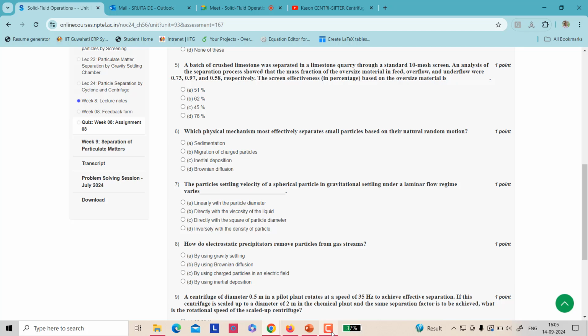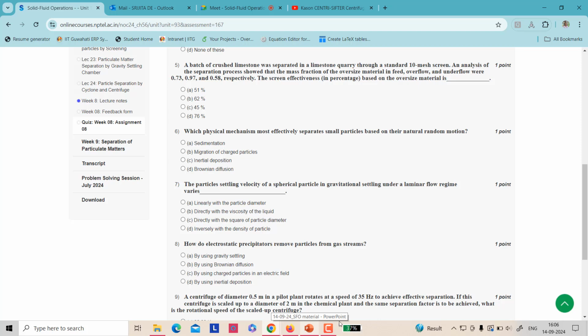Linearly with the particle diameter, directly with the viscosity of fluid, directly with the square of particle diameter. Option C.